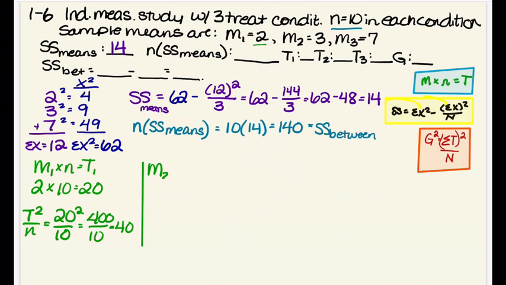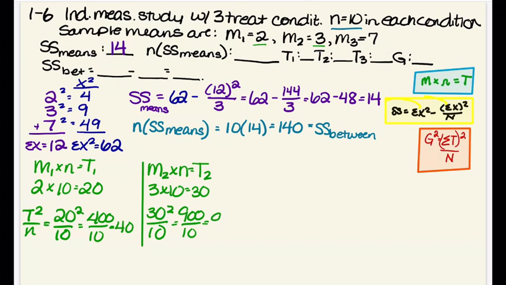Our second mean is going to be 3, and we'll multiply it by its sample number, which is 10, and come up with a T value of 30. We'll also calculate T2 squared divided by n2 to use for a later calculation.